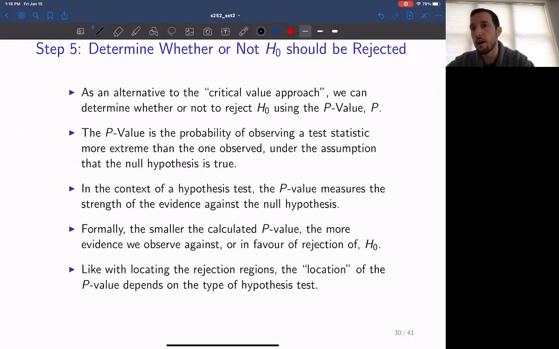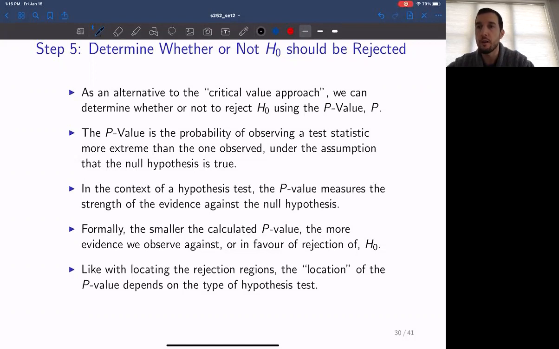So the idea is, since the p-value is a probability, it exists between 0 and 1. If the p-value is close to 0, this would indicate a lack of evidence that the null hypothesis might actually be true.